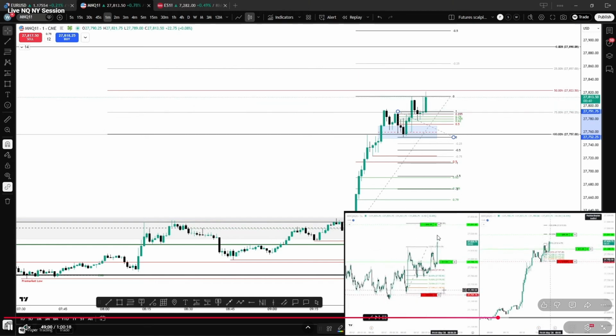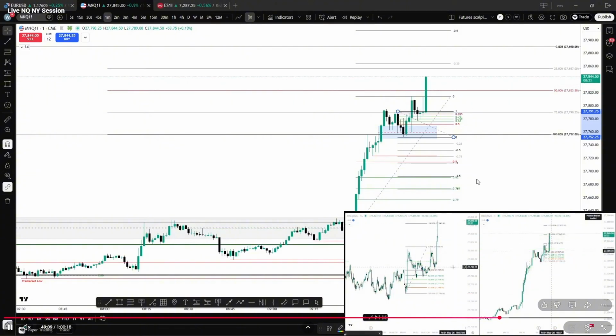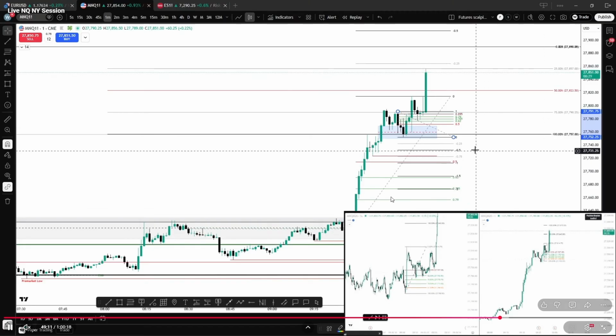Very simple, within the context of this sub 1 minute framework and the higher time frame framework that I'm also working inside of. And boom, there it is. Real easy.